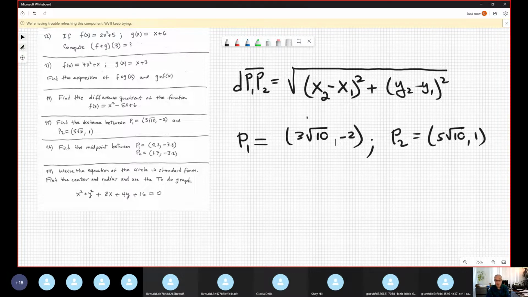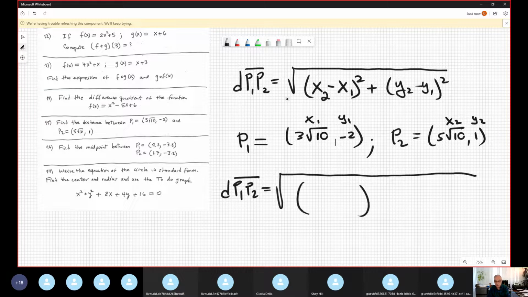Okay, and this is x1, this is y1, this is x2, and this is y2. So first of all, in the formula, I subtract the x components, which is actually... And you open a big square root.